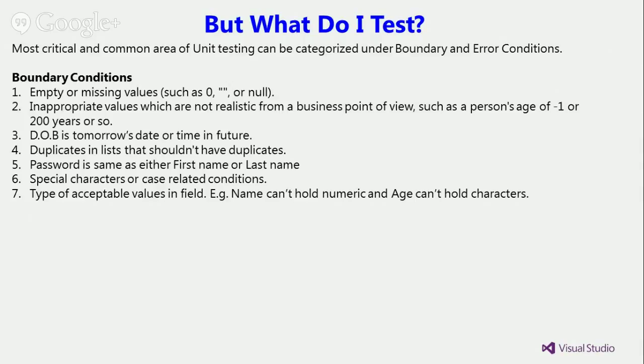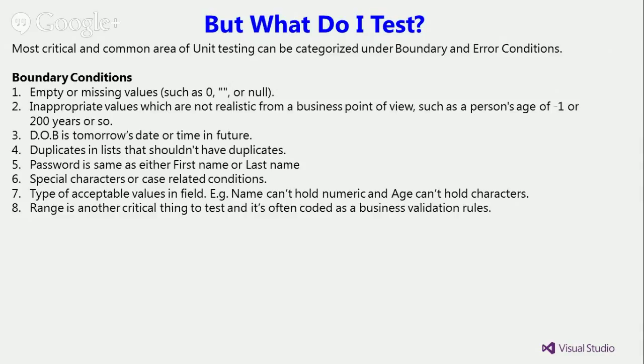Types of acceptable values in a field. For example, a name cannot hold numerics and age cannot hold characters. A range is another critical thing. Let's say you are passing some values and some range is required, let's say your age range, your salary income range, and what range you have to fall into. So all these things can be considered boundary conditions.